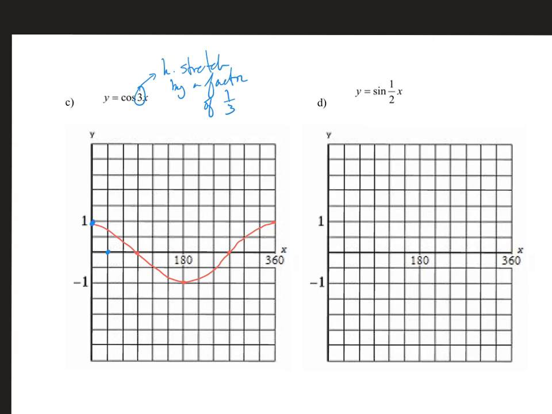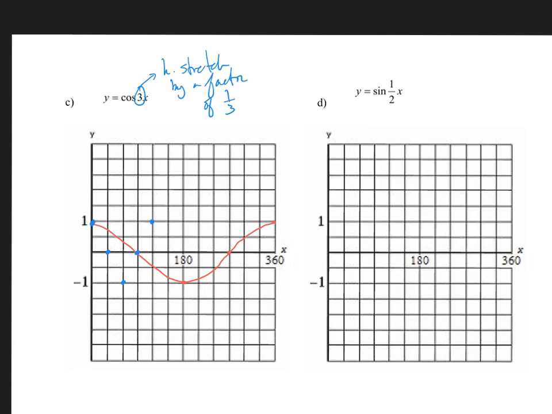This value that was the minimum at 180 degrees would now occur at 1/3 of that, 60 degrees. This value of 0 at 270 would occur at 1/3 of that, which would be 90. And this value of 360, the max, would occur at 1/3 of 360, or 120.